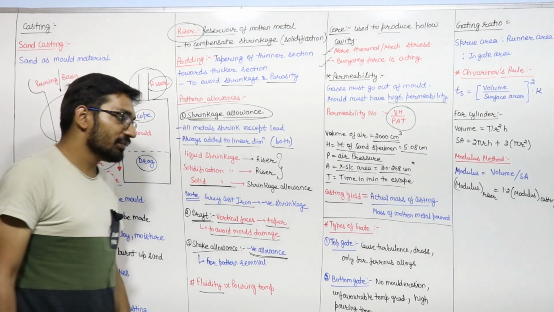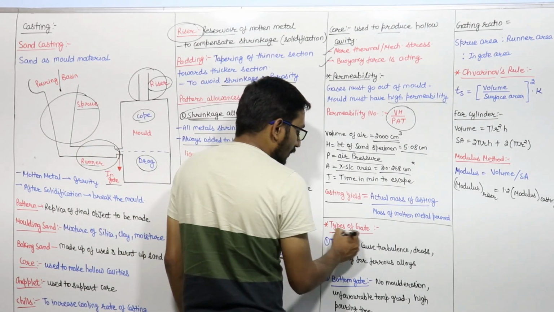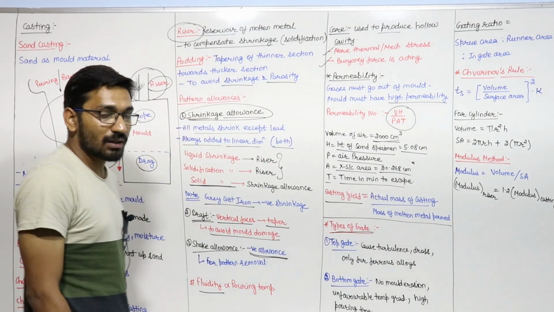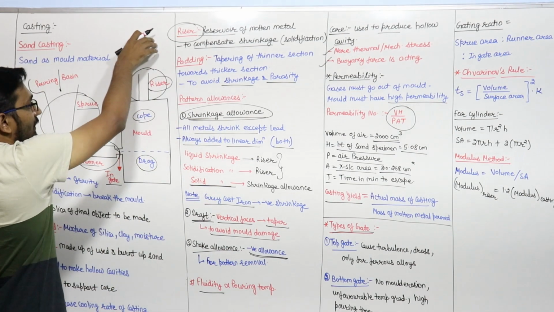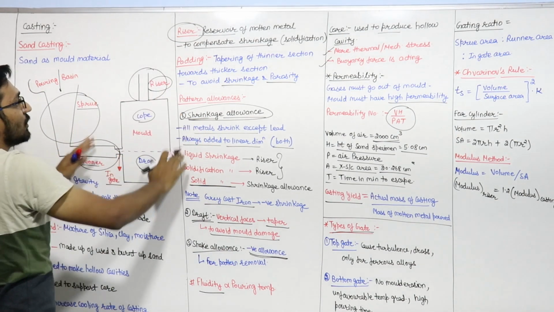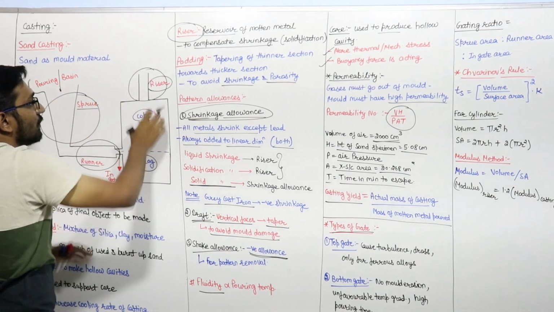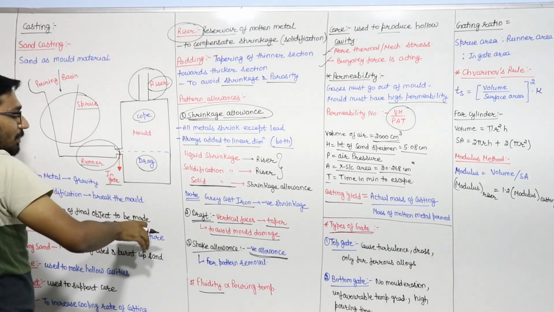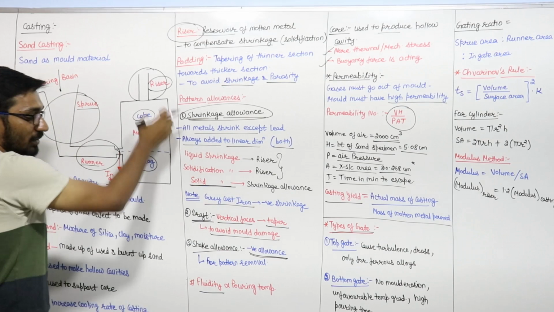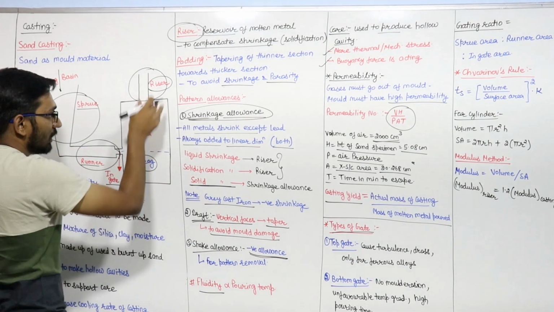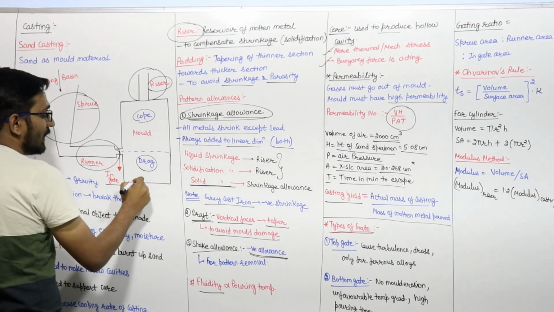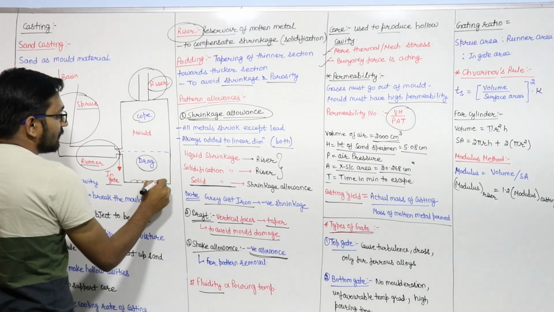There are two types of gate in the casting. One is the top gate, another one is the bottom gate. Top gate means, if this is a mold cavity, the molten metal will fall from the top, so it will cause turbulence because it will come at a very high speed, and it will erode this mold, right?